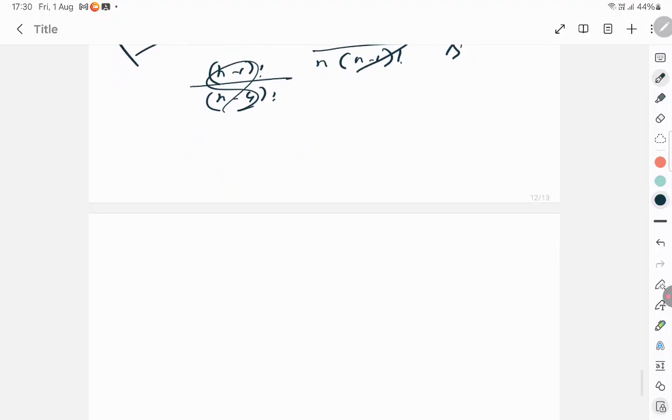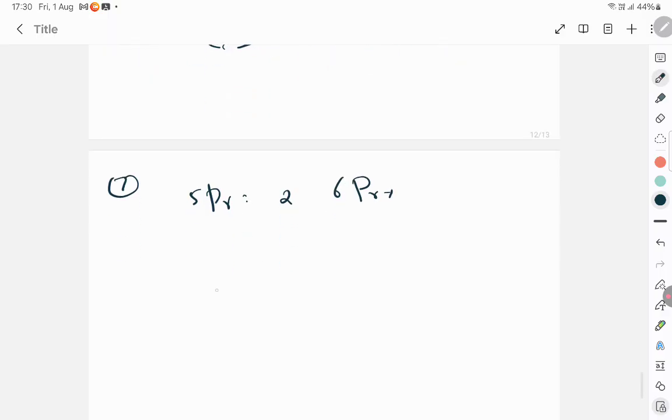Okay, so then next question is the seventh question, where 5Pr is equal to 2 into 6P(r minus 1). Find r. 5Pr is 5 factorial by (5 minus r) factorial is equal to 2 into 6 factorial by (6 minus r plus 1) factorial.